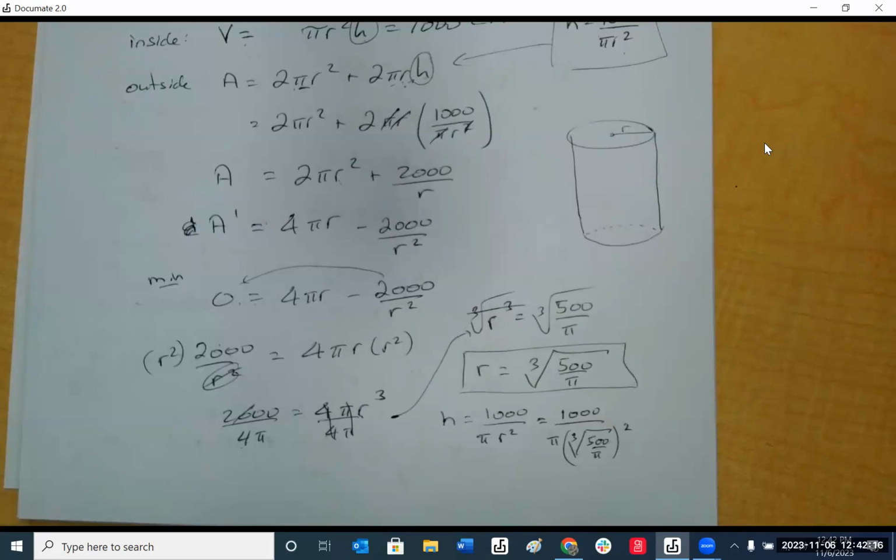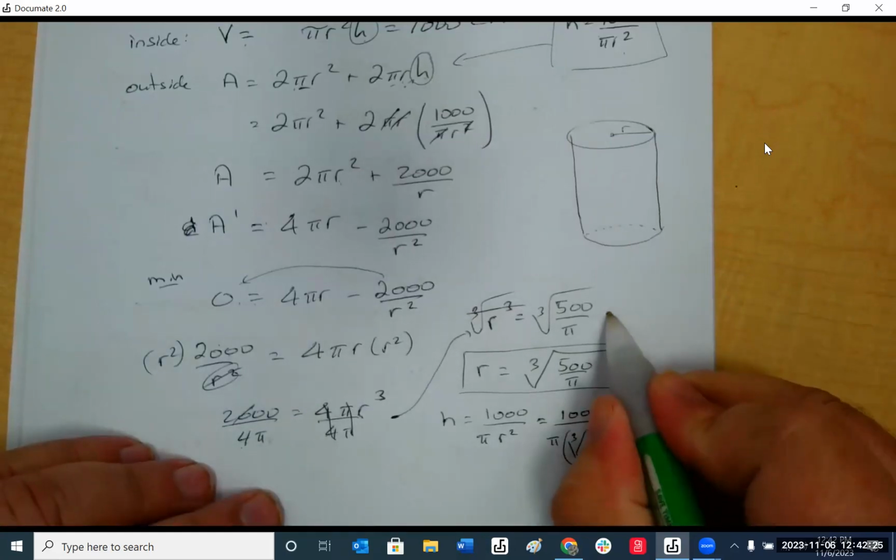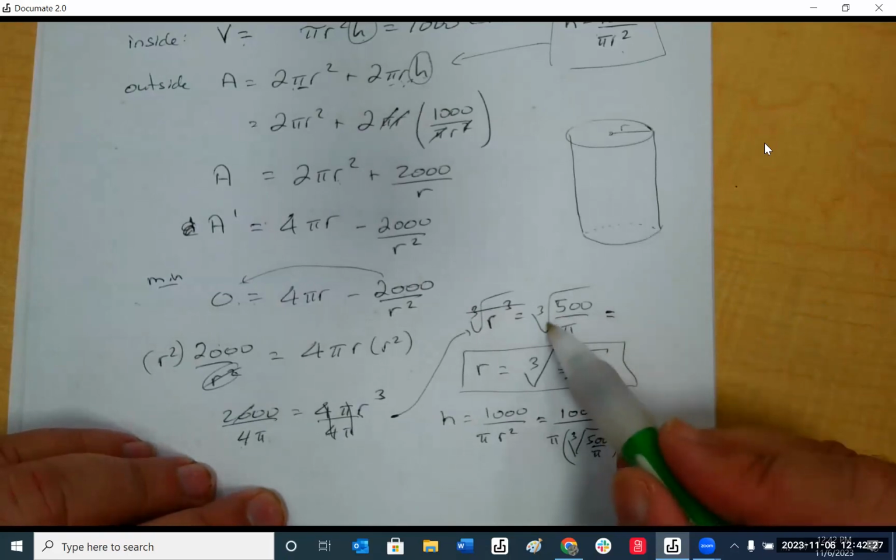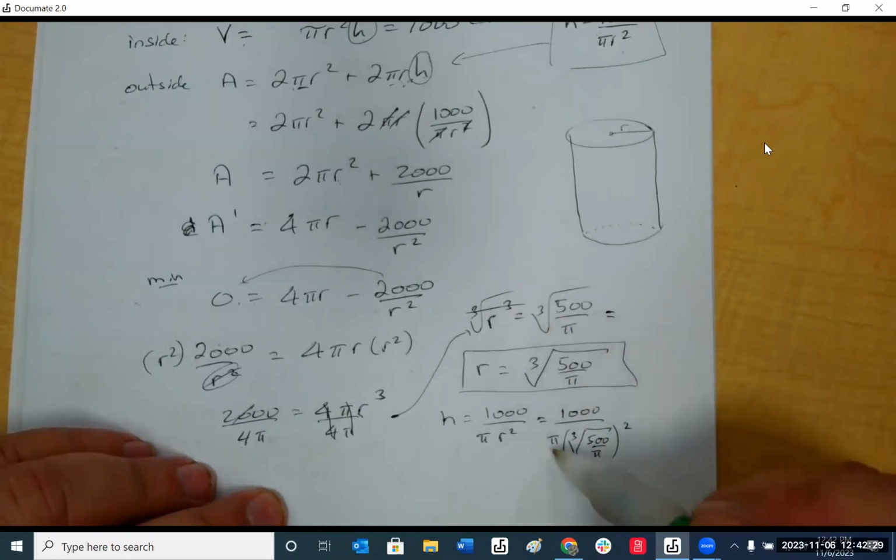I'll get the value real quick. Let's find the radius first, then we'll square it and do all that.